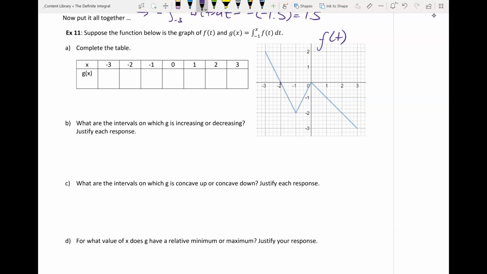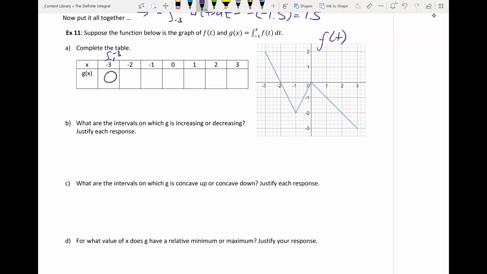So for the first one, we're looking at the integral from negative 1 to negative 3. In other words, we are looking for the area from negative 3 to negative 1. And if we take a look at those two triangles, they are the same, but one of them is going to be positive, the other is going to be negative. So they will cancel out, so you're left with 0.